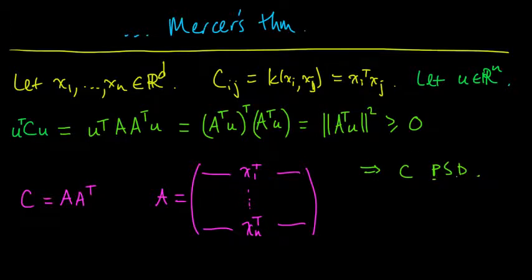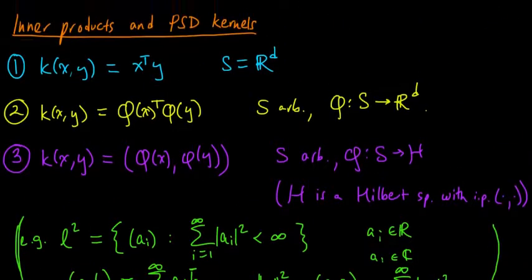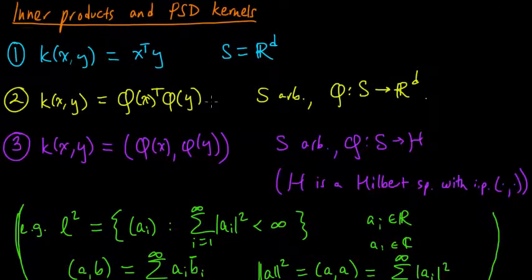That shows that this kernel K is in fact a positive semi-definite kernel, and it's symmetric, of course. The proof that I just gave immediately generalizes to the more general kernel, and it's not much harder.